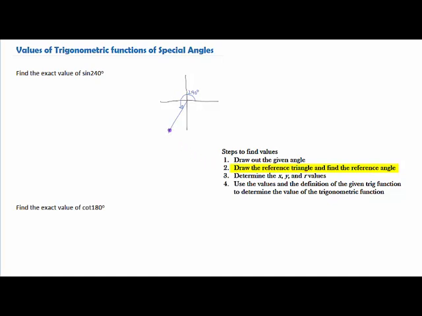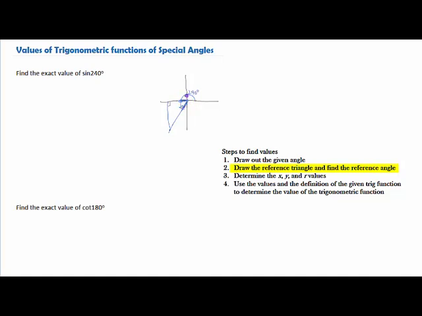So reference triangles, we always draw a perpendicular line from the terminal side up to the x-axis. Makes a right triangle. There's our reference triangle. Now we need to find the reference angle. And the reference angle, remember, is the angle measured between the x-axis and the terminal side.